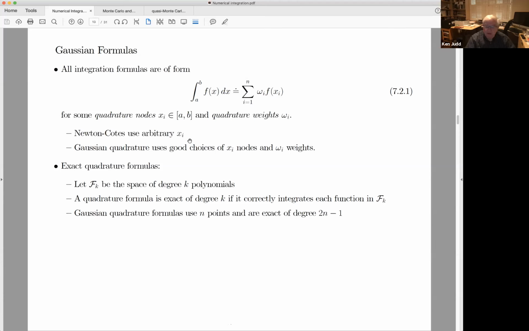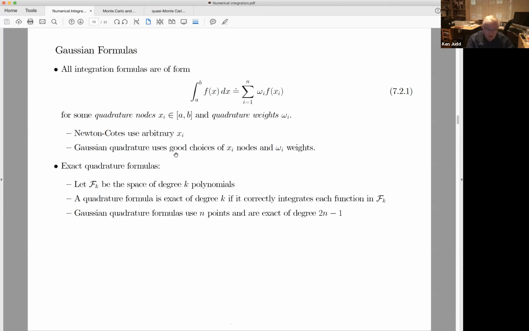Now, the Newton-Cotes formulas that we saw use arbitrary x_i nodes. The examples I showed used a uniform set of points. You could have non-uniform points, you just have to adjust the formulas. But Newton-Cotes ideas can be used for arbitrary grids x_i, and then we saw how the weights come out.